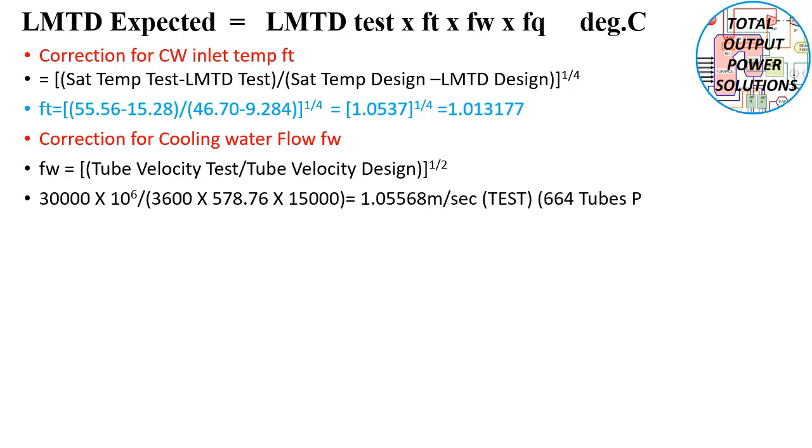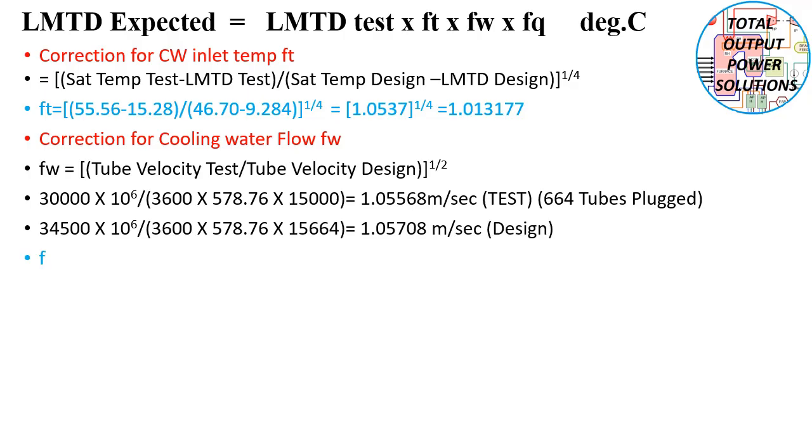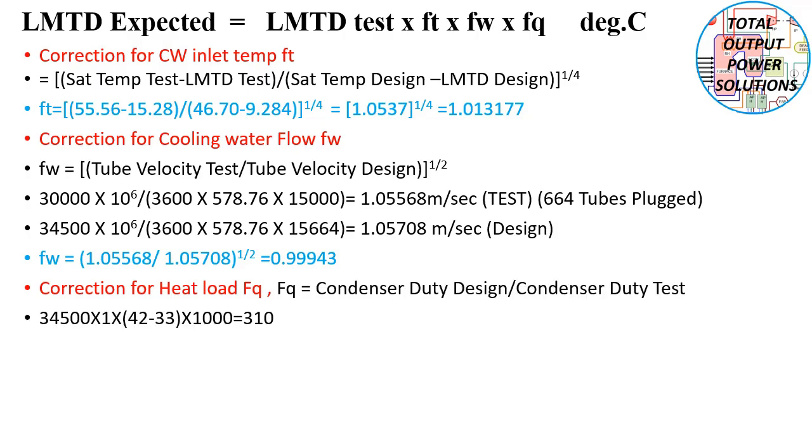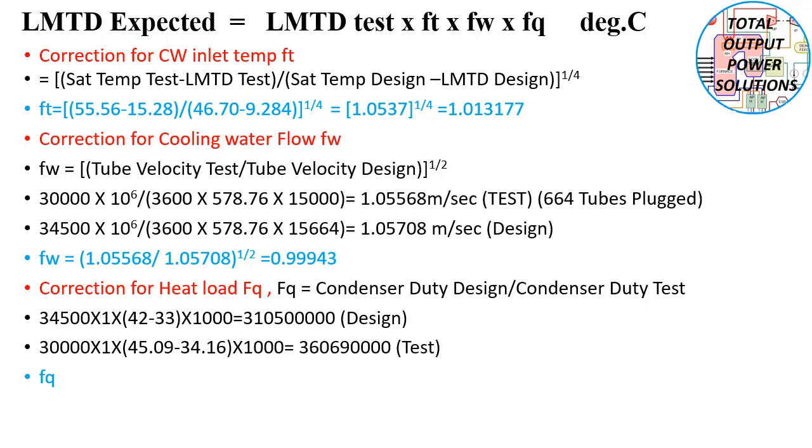The cooling water flow is also less, so we calculate the correction for that also. Fw, because the 664 tubes have been plugged, is calculated for the design velocity of 1.05708 meters per second and the test. So the Fw comes out to be 0.99943.